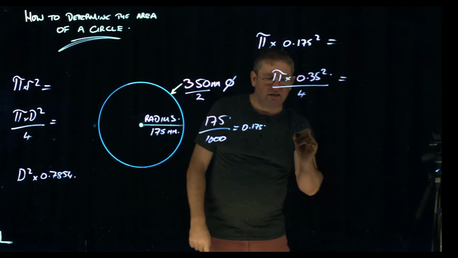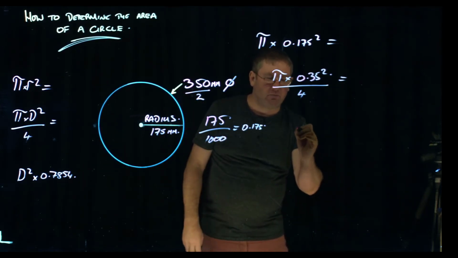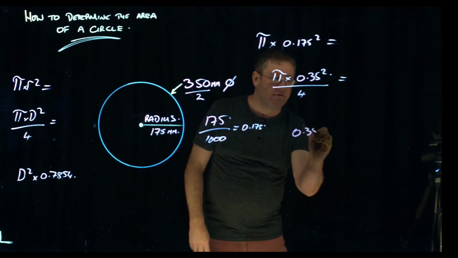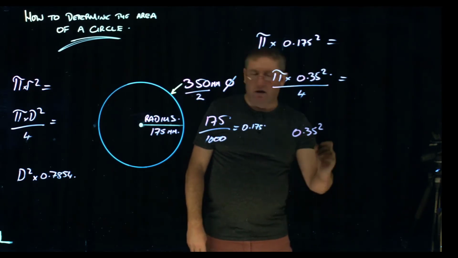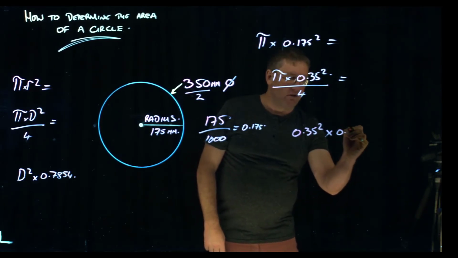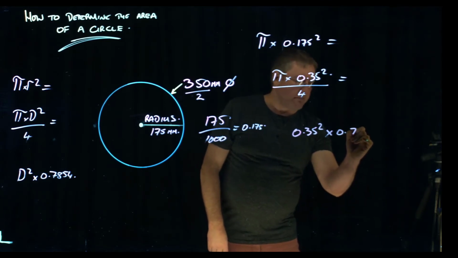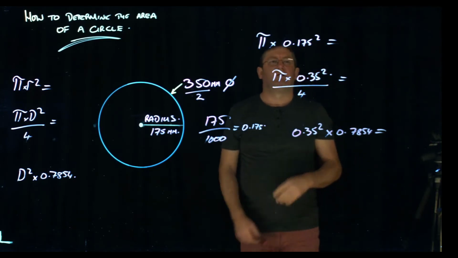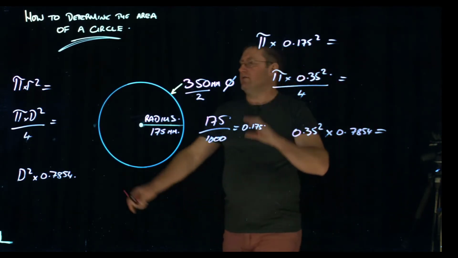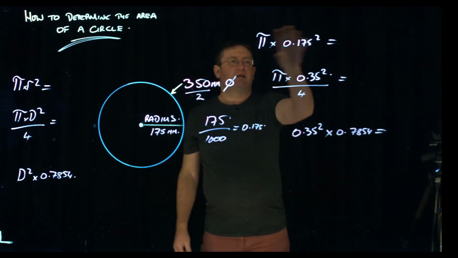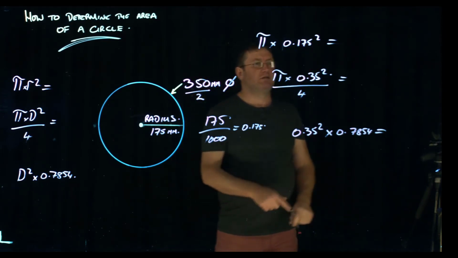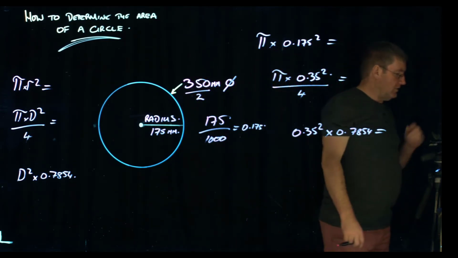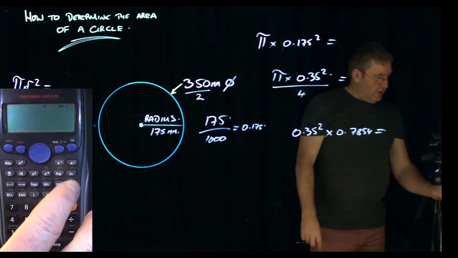Third one, d squared, once again 350 divided by 1000 is 0.35 squared, and then times that by 0.7854, and we will have an answer. So there are the 3 formulas. There is the information put into the formulas, and now we are going to do the equations on the calculator here.